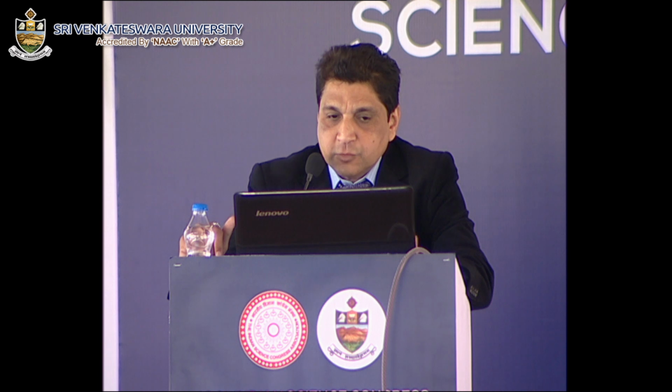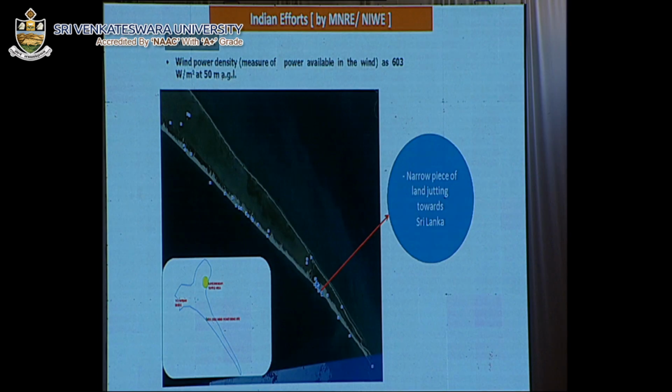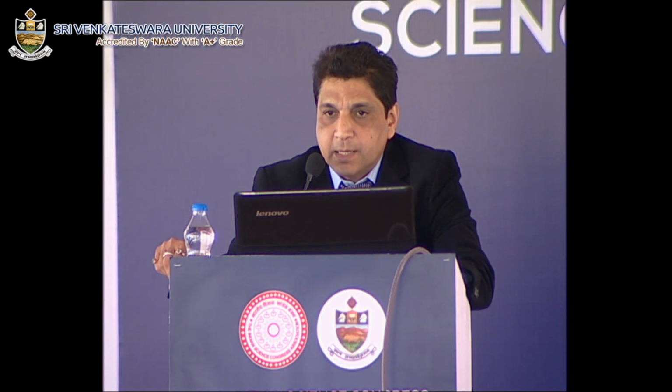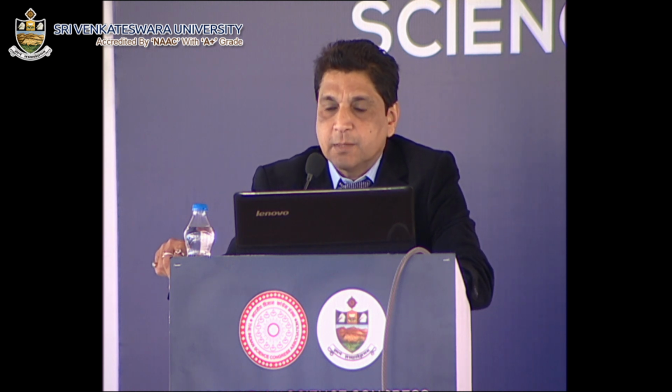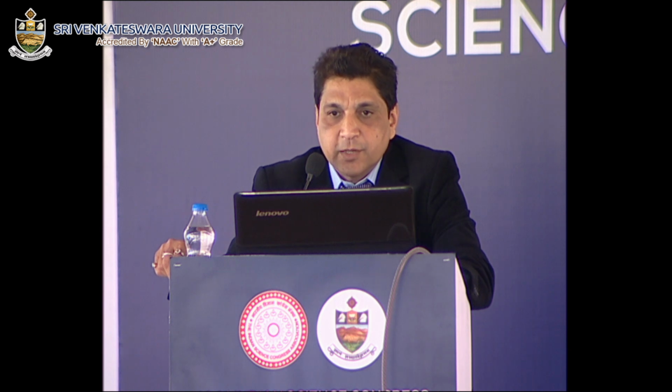And Rameshwaram, you can see, is this narrow piece of land jutting towards Sri Lanka. Here, the National Institute of Wind Energy has installed a 100 meter mast deep into the sea. And we feel that the average wind speed at Rameshwaram is about 8.5 meters per second, at a shallow water depth of about 10 to 15 meters.